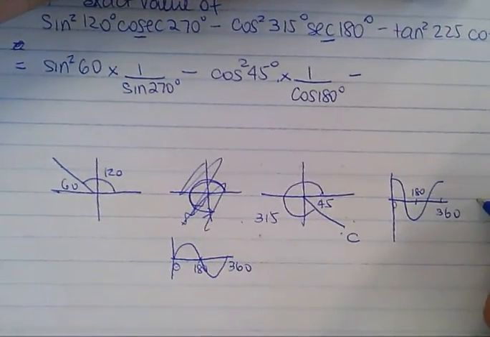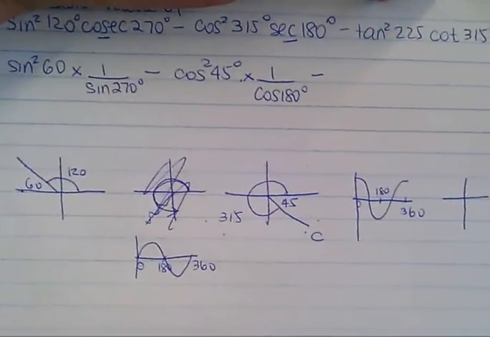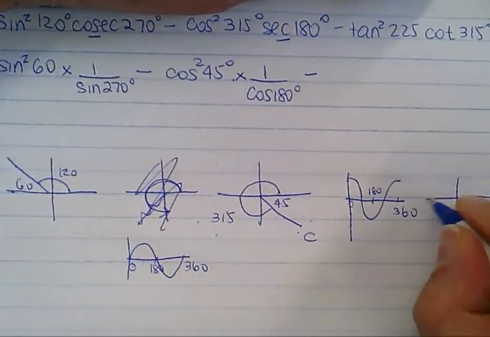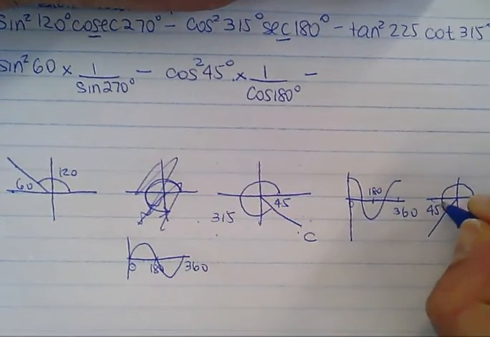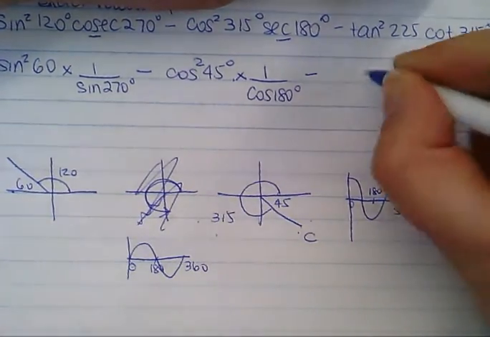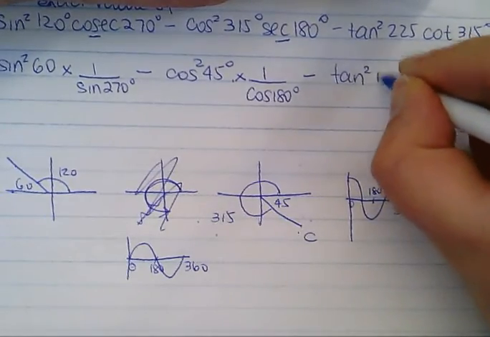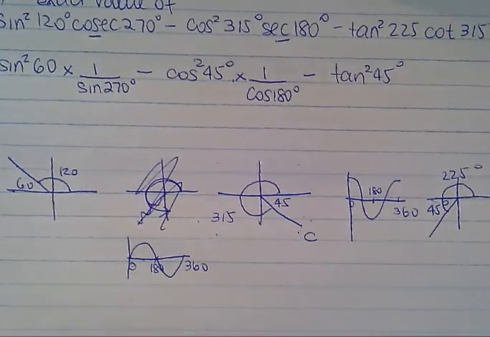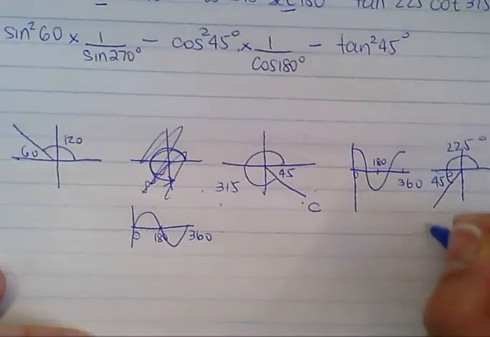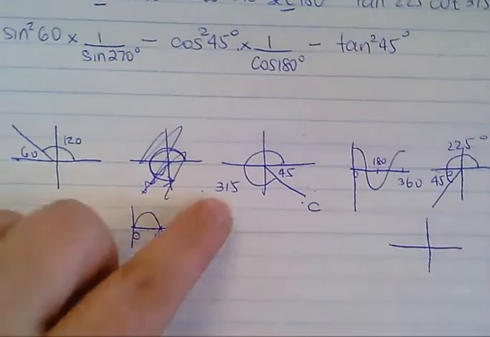All right, minus tan squared 225. So where's 225? Quadrant 3. 90, 180, 225. Quadrant 3 has an acute angle of 45. So that's minus tan squared 45 degrees because tan is positive in quadrant 3. Cot of 315. Oh, we've got another 315.